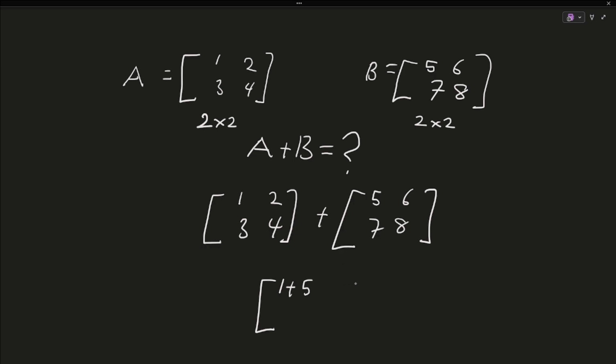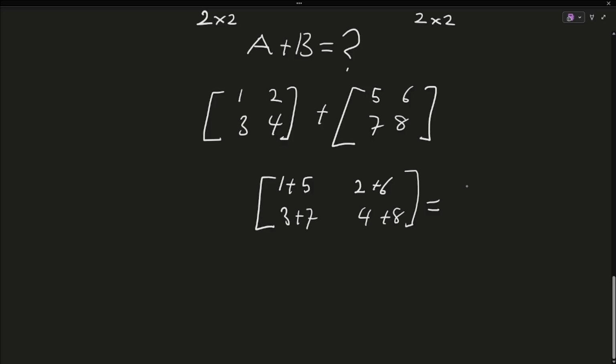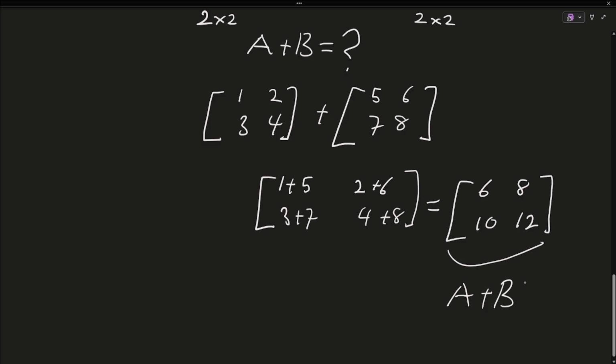And over here on the second entry of the resultant matrix, we will have 2 plus 6. We will have 3 plus 7 and 4 plus 8. If we simplify and make this addition, we will have 6, 8, 10, and 12. And this is the matrix A plus B.